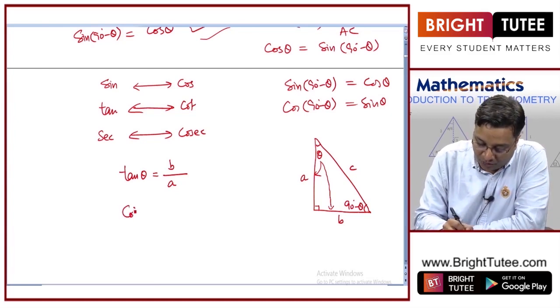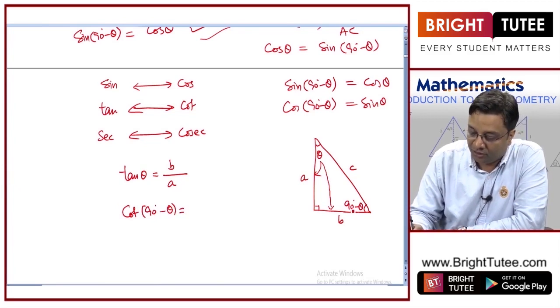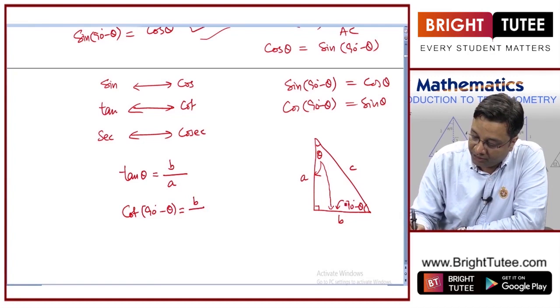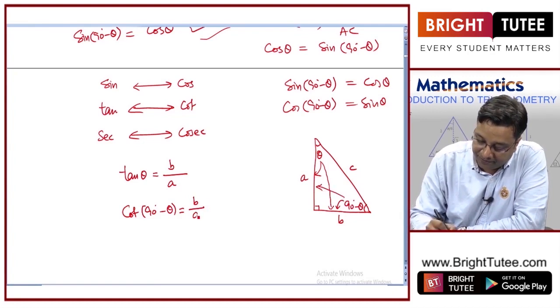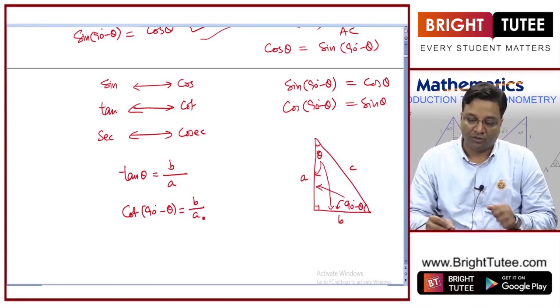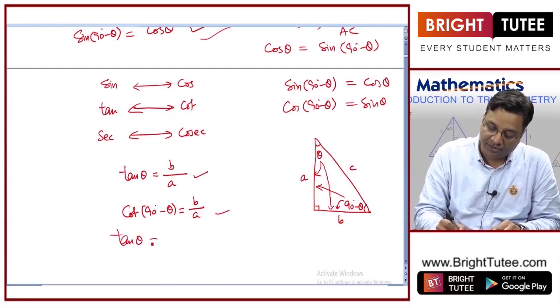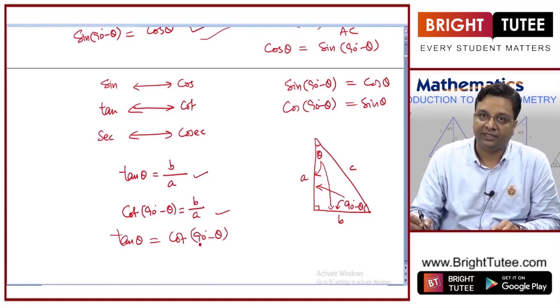And what is cot 90 minus theta? Cot 90 minus theta will be adjacent side b by opposite. What is opposite? a, right? So it is again the same ratio. So tan theta is equal to cot 90 minus theta, right?